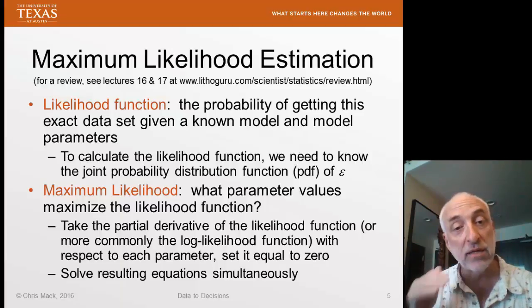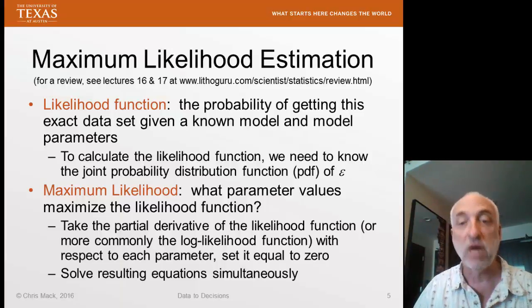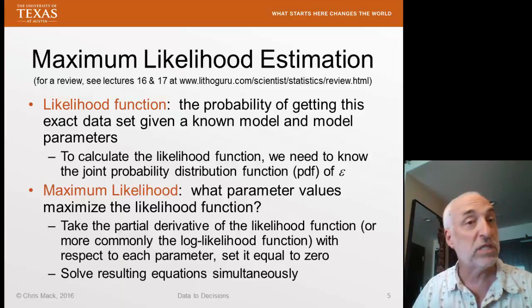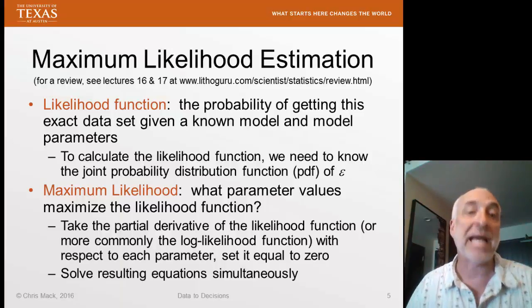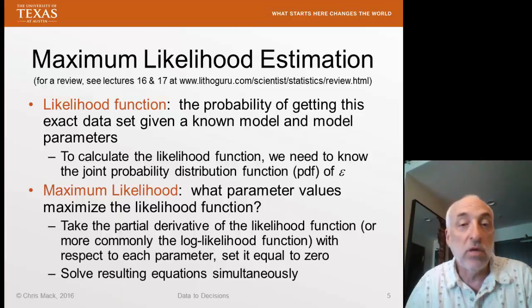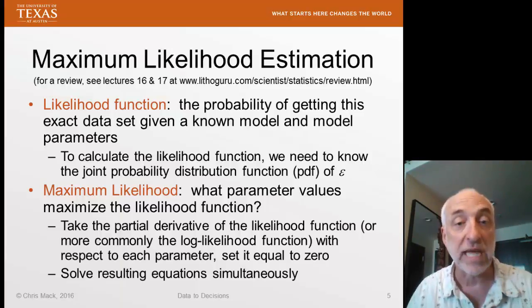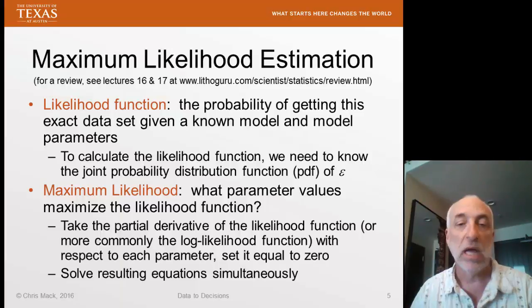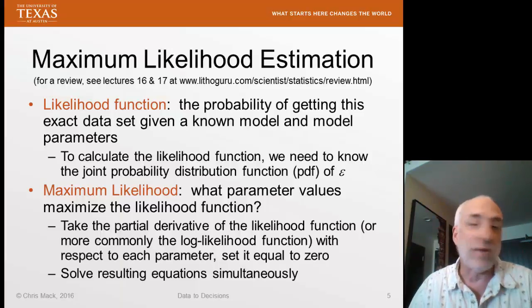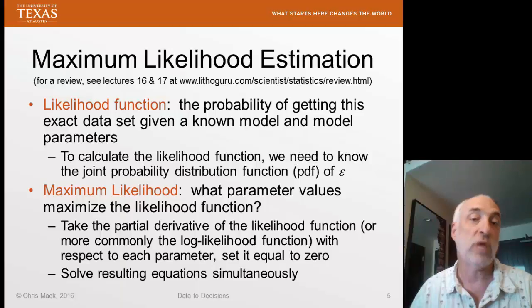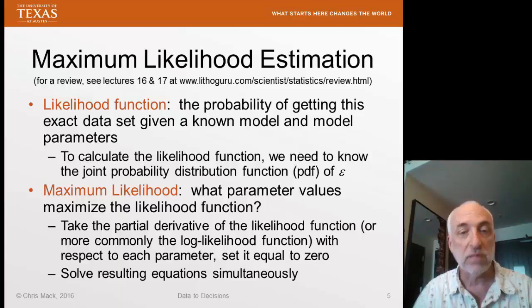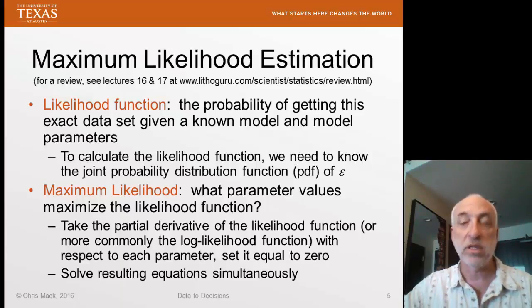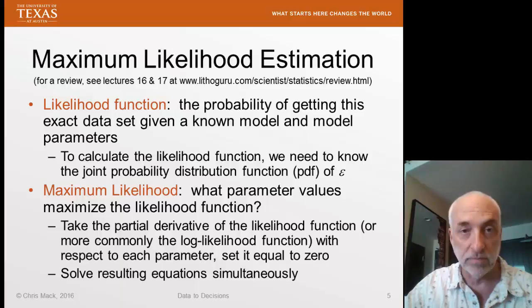And then I will take the partial derivative of this likelihood function with respect to the specific parameters and set them equal to 0. That's how we maximize: derivative, set it equal to 0, and find the values of the parameters that create that zero derivative. Do that for every single unknown parameter that we're trying to fit, solve those simultaneous equations, and you'll get the parameters that produce the maximum likelihood.